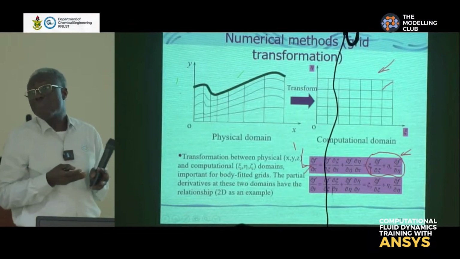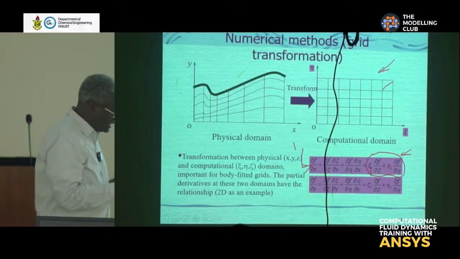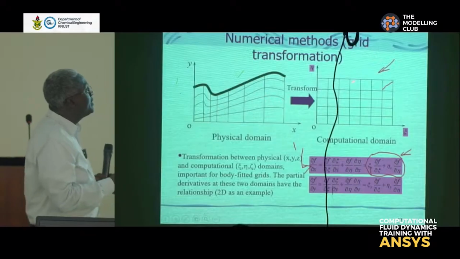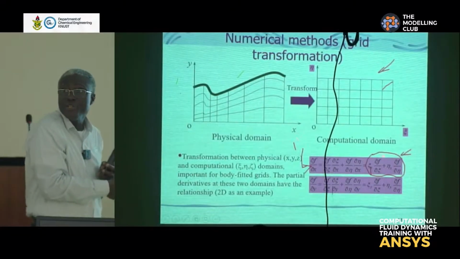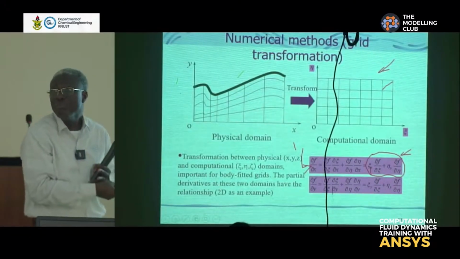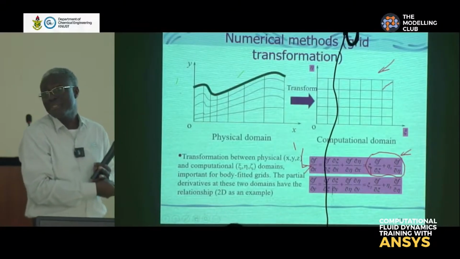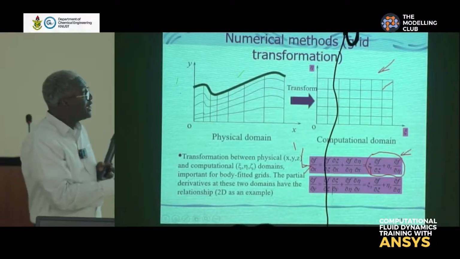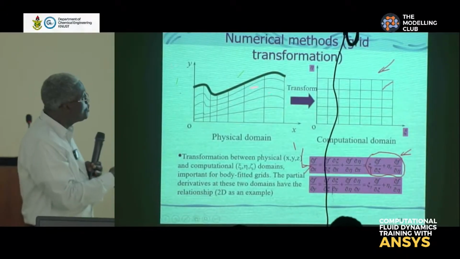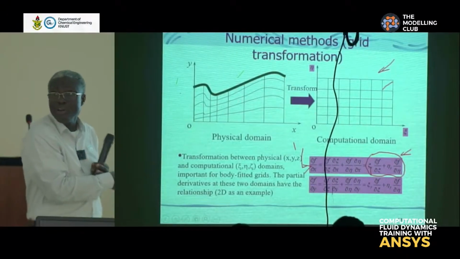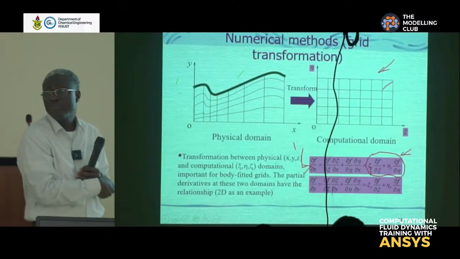Otherwise, the other approach would be, remember, if I cannot use a structured grid, I can use an unstructured one using a finite volume or finite element. So yes, I don't have to do this transformation, but I can use a finite volume or a finite element to solve the problem.